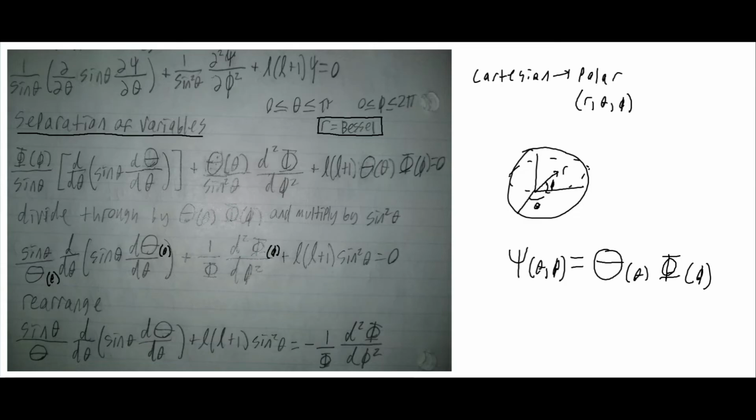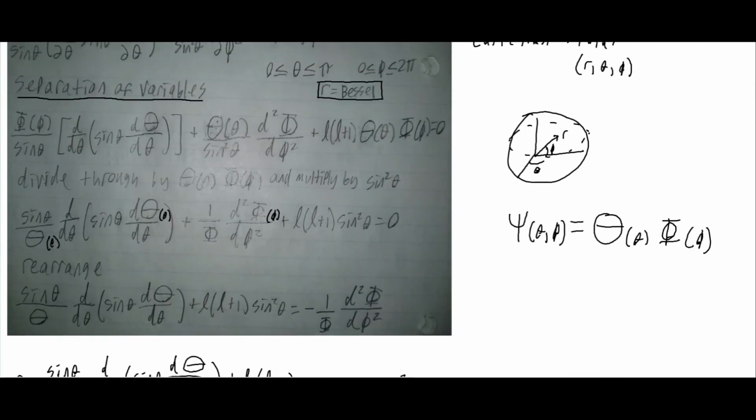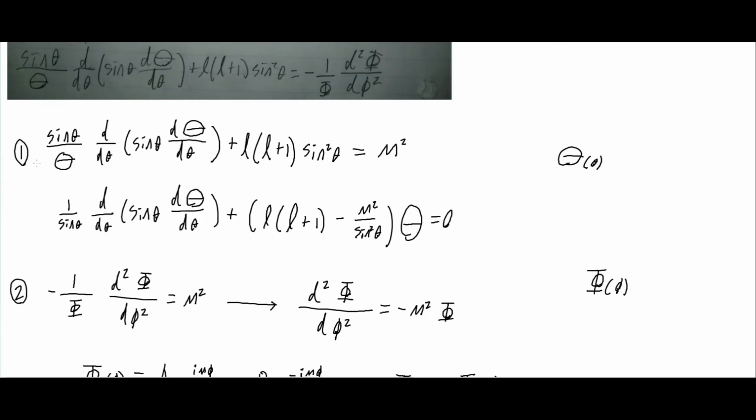So we went through some pains to get our spherical harmonic equation, which was this original one up here, which was a partial differential equation. So we used separation of variables to make it into ordinary differential equations, and then we could get these two equations here equal to this same constant m squared.